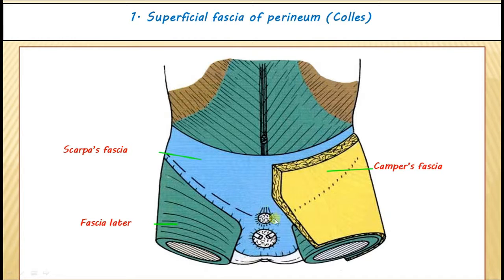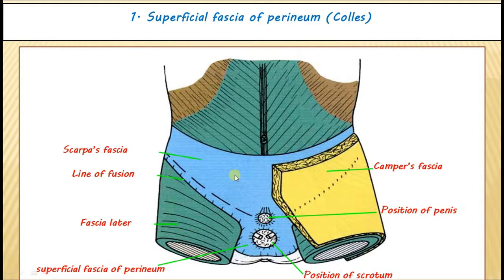But medially, if you look at Scarpa's fascia, it actually continues as the fascia colles or the superficial fascia of the perineum, and this fascia colles lines the superficial perineal pouch and also continues with the scrotum, the dartos layer of the scrotum.